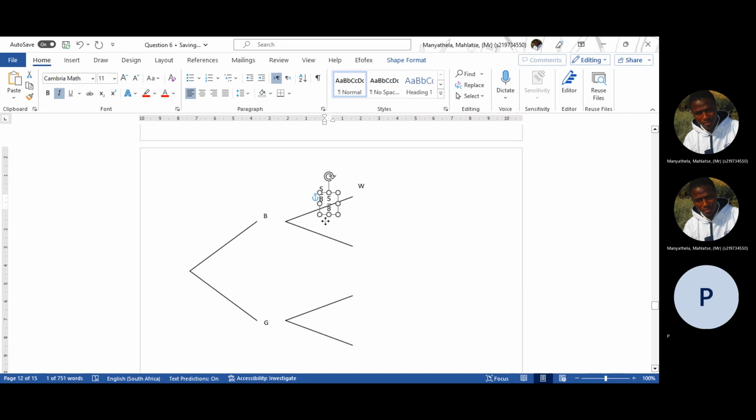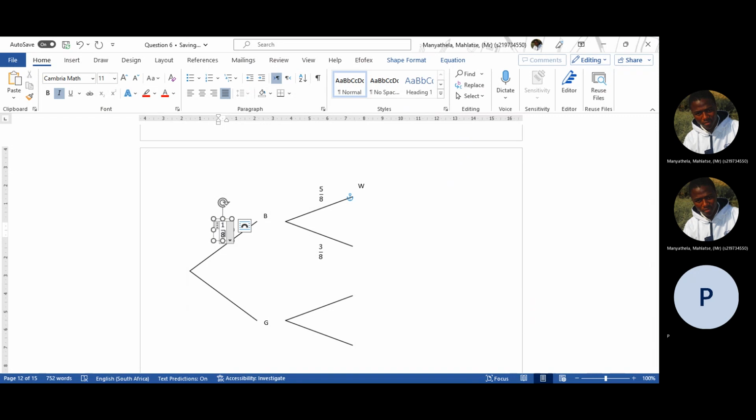And then on the side, it's 3 over 8. And then here, because it's the probability for blue and green, of which you have only blue and green, it will be 1 over 2.